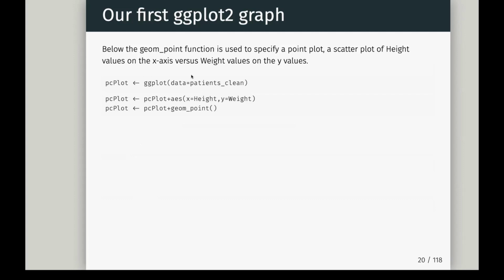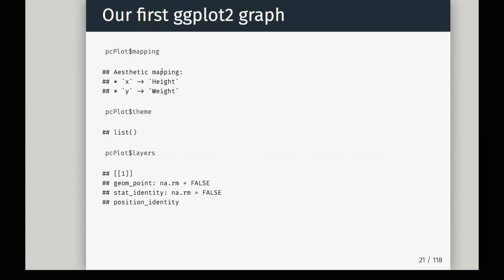So let's do that again. We'll add the data, we're going to add the aesthetics. Finally, I'm going to do plus, and I'm going to give it a type of plot: geom_point, which is basically our point plot, our scatter plot. And now if I look, I have mappings, I have no theme yet, but I do have layers, and it's a geom point. Some information there.